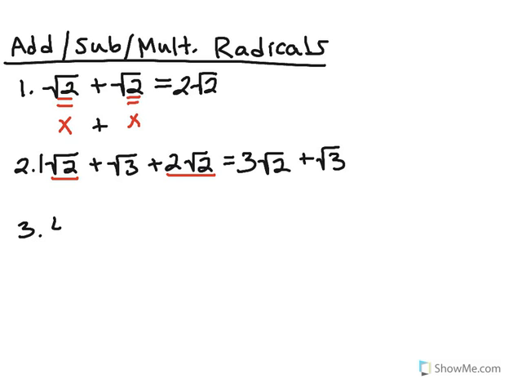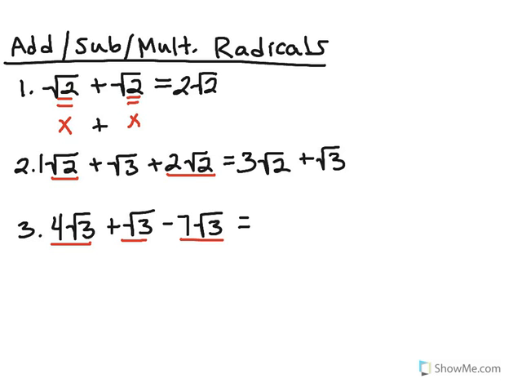What about something like this? What if I have 4 square roots of 3 plus the square root of 3 minus 7 square roots of 3? Once again, we want to identify the like radicals. This is a square root of 3 term, so is this, and so is this.